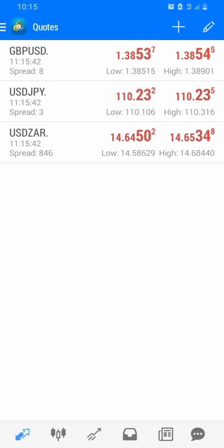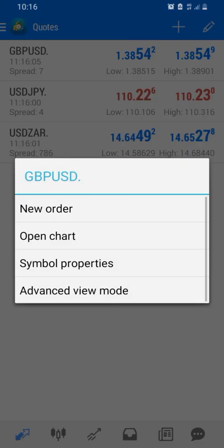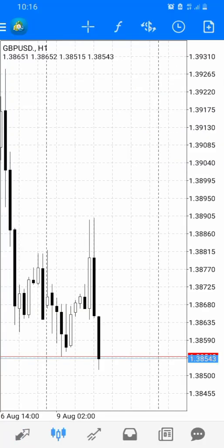You and me, because I'm learning with you, I'm teaching you at the same time, you are now understanding that I have currencies, I have the blue and red, which is the number of the price, and then I have what's called a spread. A spread is the profit of the broker. That's now a process of understanding. And now we have to open the charts. The chart is just a graph.